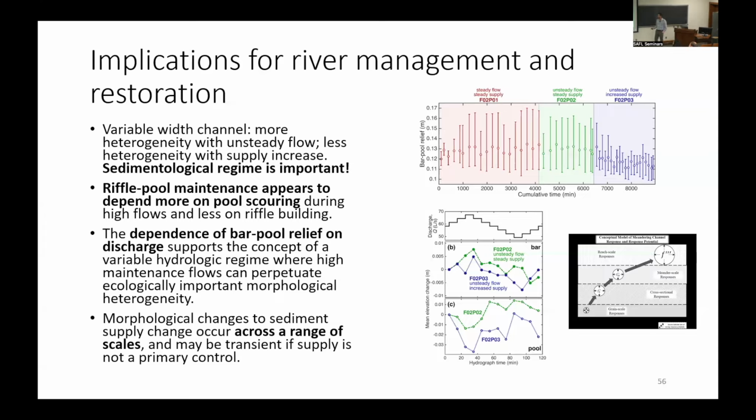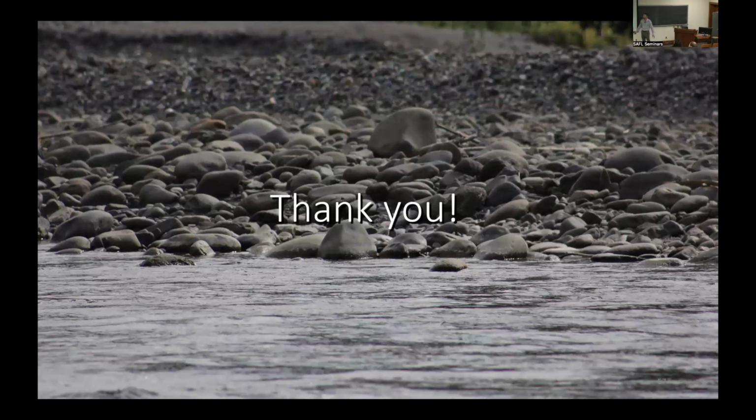And finally, from David's work in the meandering channel, there's a range of scales that channels can use to adapt to changes in sediment supply and changing discharge. And they may be transient if supply is not a primary control. So I think that's it. I'll take any questions. Thanks for your attention.